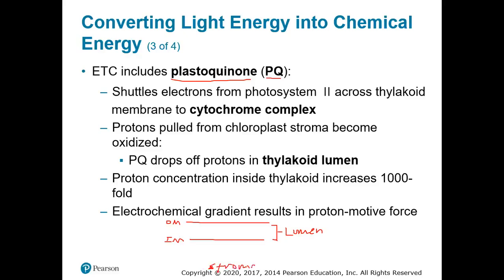Stroma, just like that. So as we pass that electron from player to player, we're going to pump protons into that lumen, just like that. We're going to pump those protons in, and pretty soon we're going to get a high concentration of protons on the inside, right? Electrochemical gradients. We're going to get a ton of protons on the inside that all want to be moved back to the outside. They all want to go this direction.